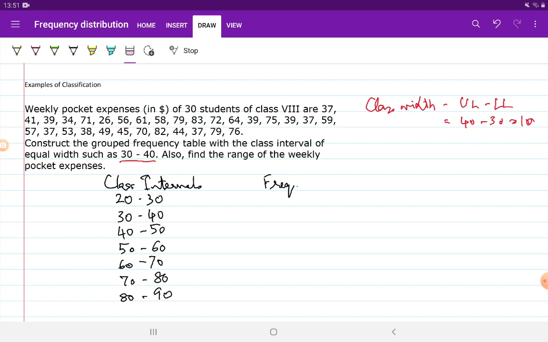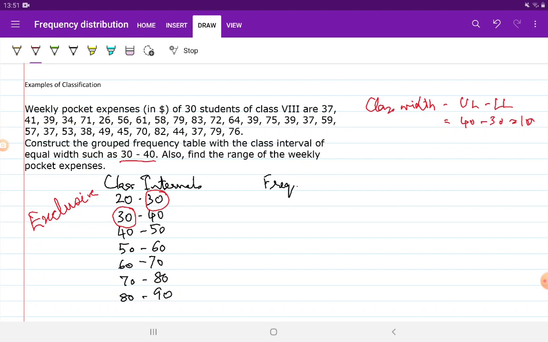Right? Let me reduce confusion. Now, how do I tabulate the corresponding frequency? Before I say that, one more thing let me mention. This is classification following the exclusive method. By exclusive method, we mean that the upper limit of any class interval will be the same as the lower limit of the next or the following class interval, right?